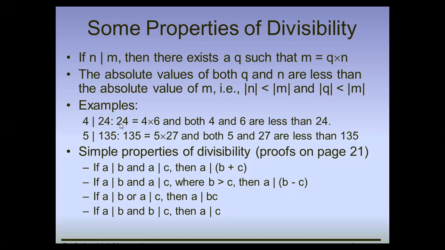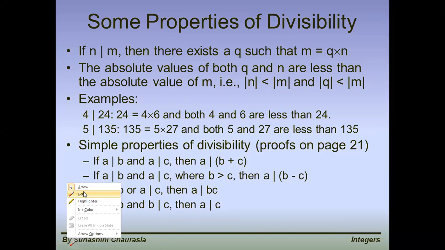This means that this is my n. So n divides m. m value is 24, n value is 4. So m is equal to 24, 4 is my n, and if it divides, it is my quotient q.